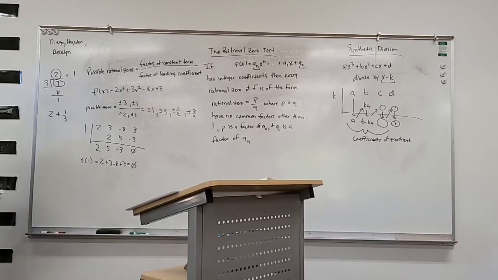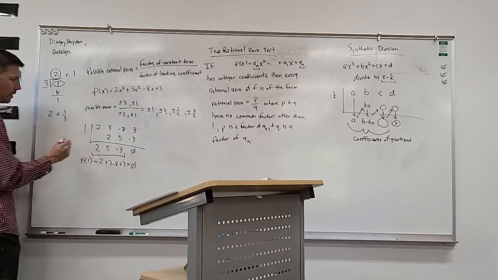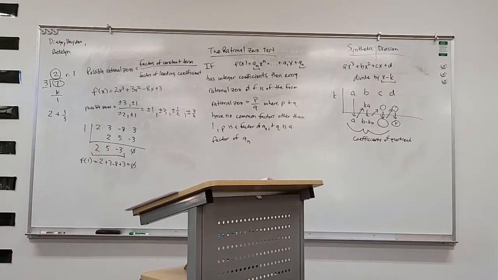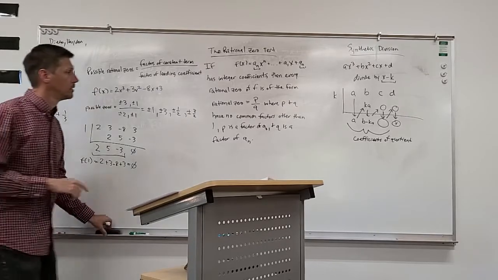Now, where synthetic division helped us here is that we can easily find the other zeros without having to guess. How would we do that? Anybody know?